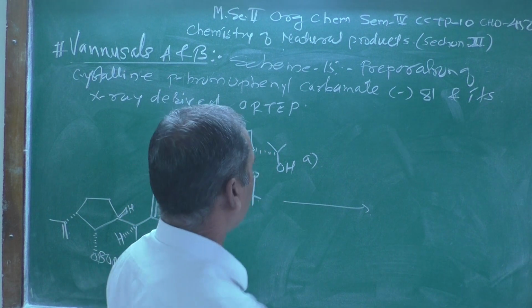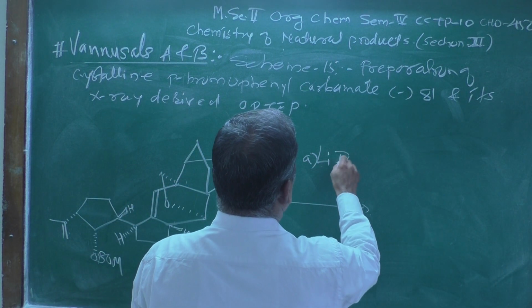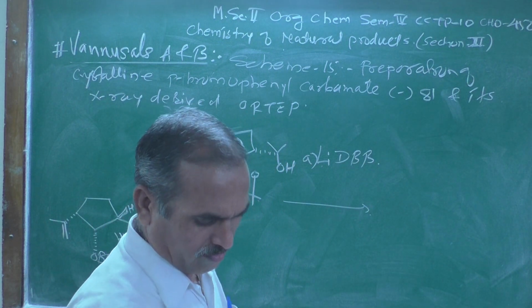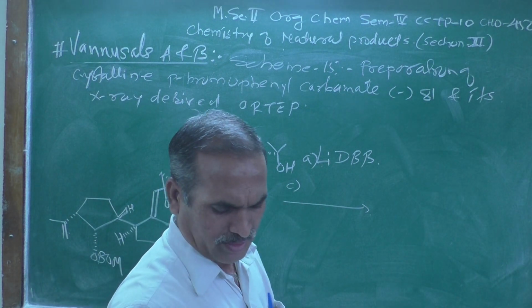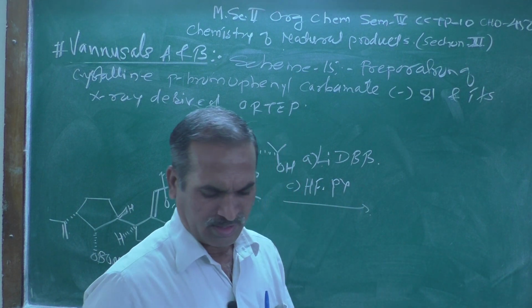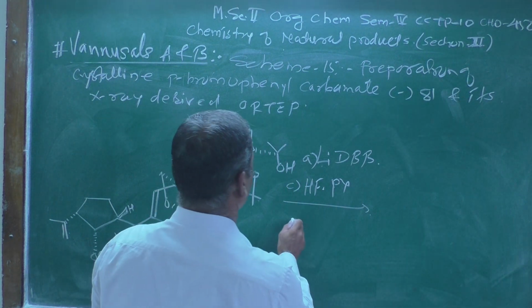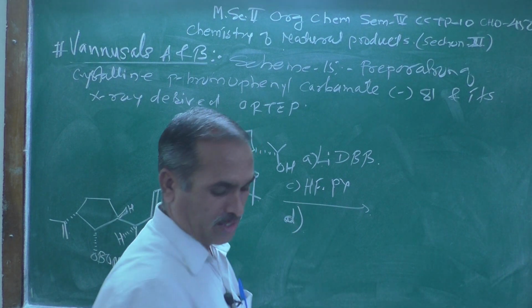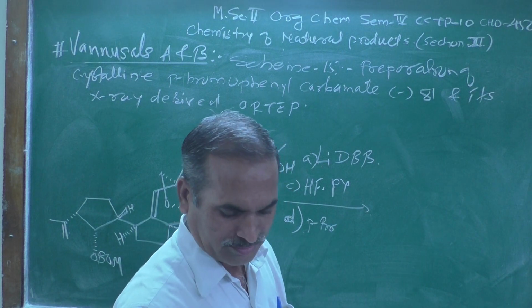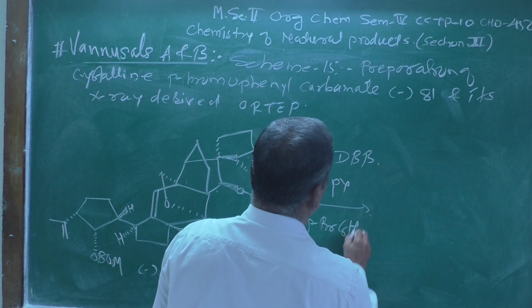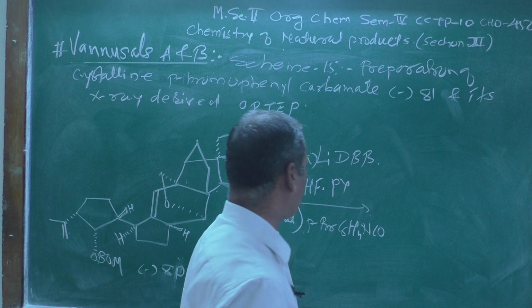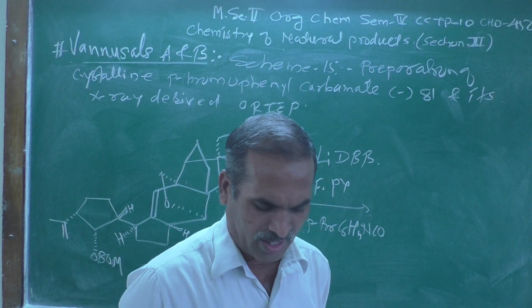Now, after that 80, the reagents which I am going to add over here: reagent A will be LiDBB, followed by C, which will be HF in the presence of pyridine, and the next reagent D will be p-bromo C6H4 NCO, that is the group which we are adding.